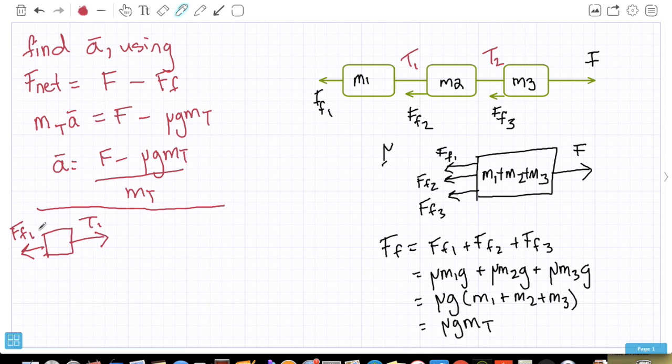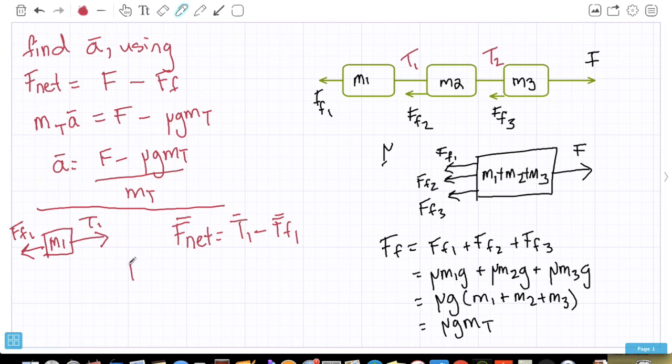But this is not the frictional force FF. It's only the frictional force due to M1, because when we do our FNet statement, we only care about the mass under study. So if we're looking for T1, then FNet is equal to tension 1 minus FF1, and we rearrange for T1.